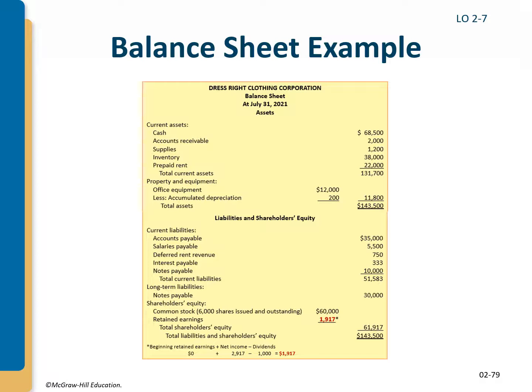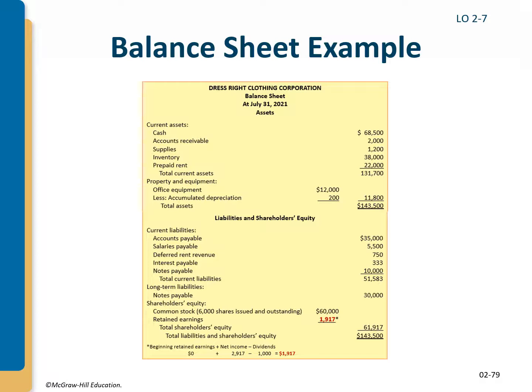Well, retained earnings started at zero because this is the first time the company even opened. They had a $2,917 profit. So net income increases retained earnings. And then they paid out dividends of $1,000. Dividends decrease retained earnings.